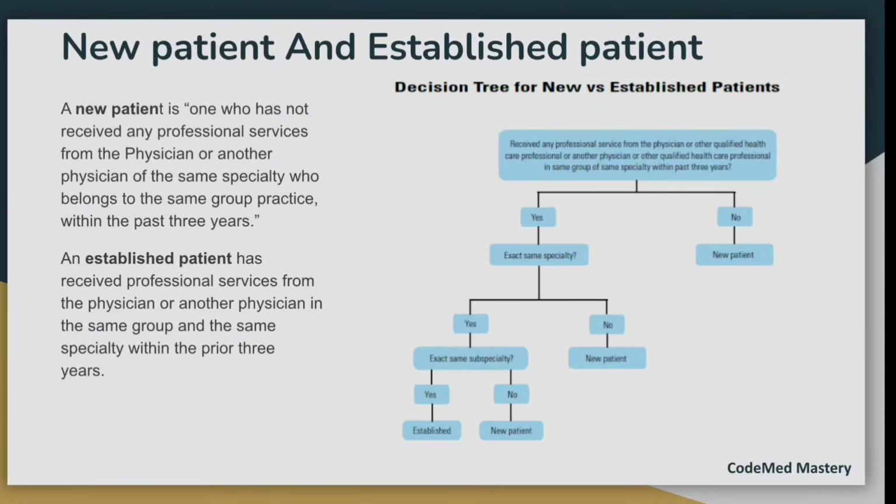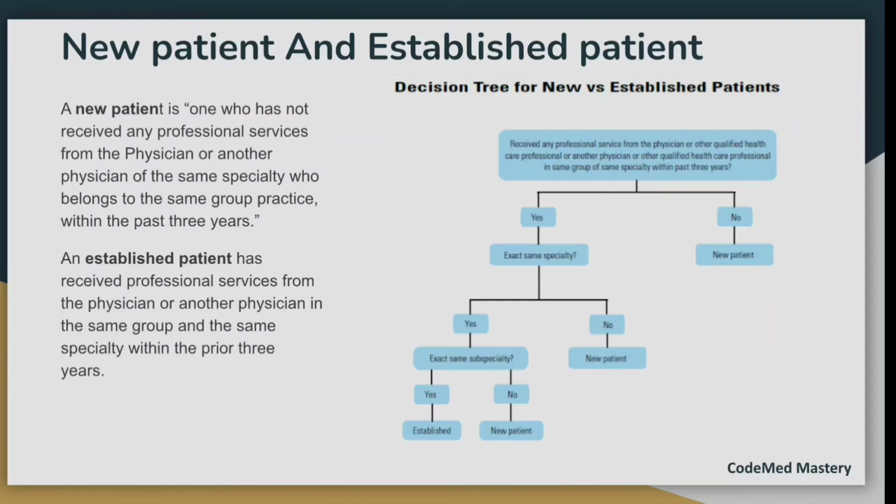To code E&M services, you need to know what is a new patient and what is an established patient. Let us check the definition of a new patient and established patient. These definitions are present in your CPT book, Evaluation and Management Services Guidelines, page number 4.